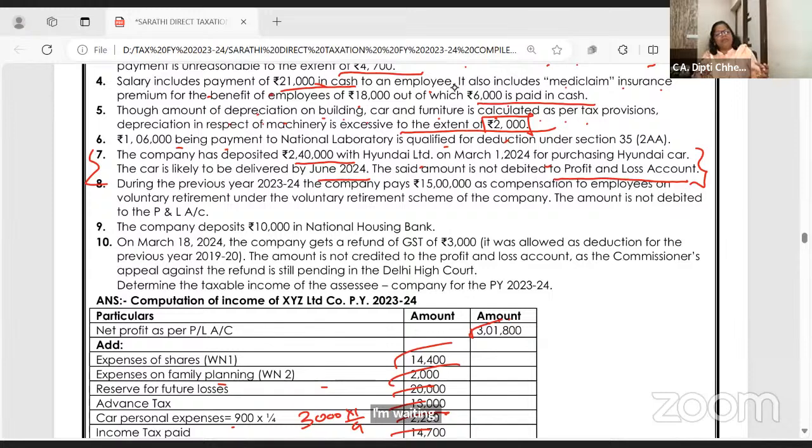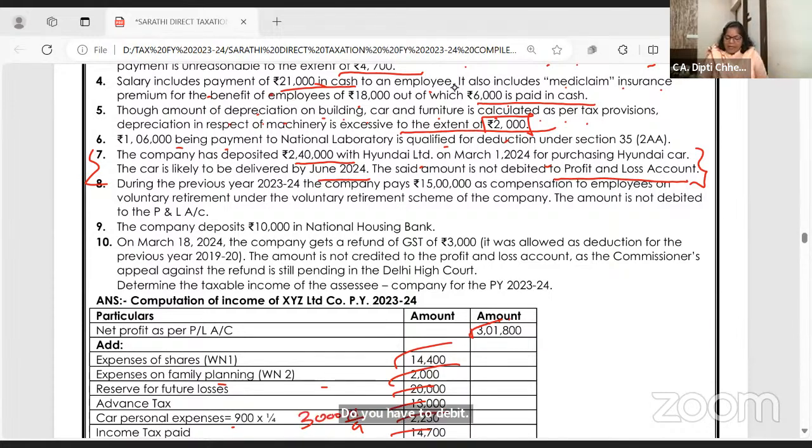If it is wrong, I'm not here to judge you, asking how you could give a wrong answer. You're just learning something very beautiful. 2,40,000 we have paid as deposit to purchase a car next year, June 24. And we didn't debit it in the P&L. So anyhow, if you pay a deposit, it's your current asset. Do you have to debit it?